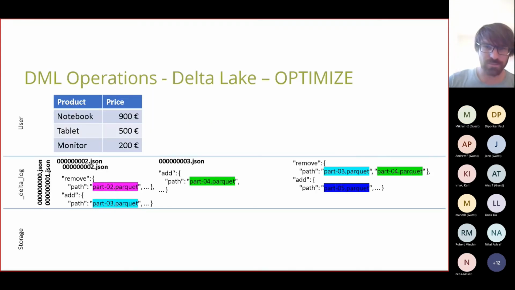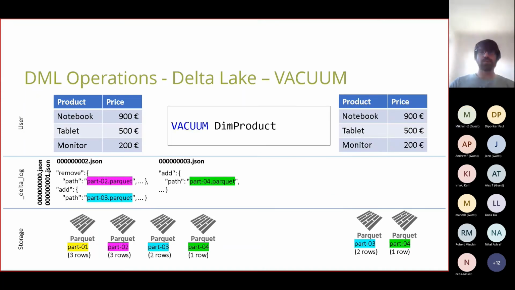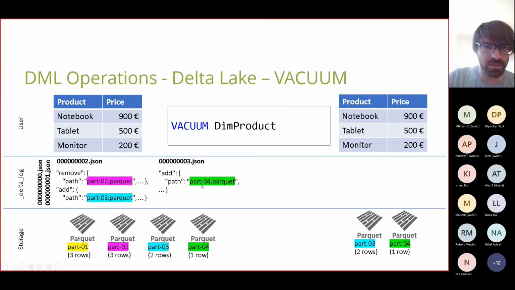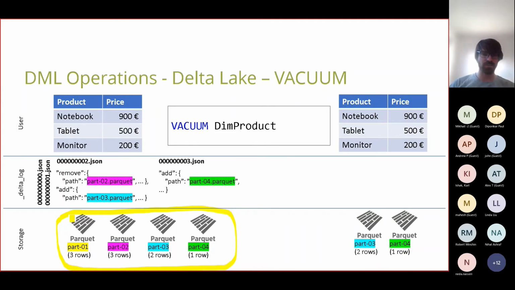Okay. So on the left side, you basically see, I can use this laser pointer, the data that's there before the vacuum. So we have 4 files, and basically the data from the first file and the second file is not used anymore.